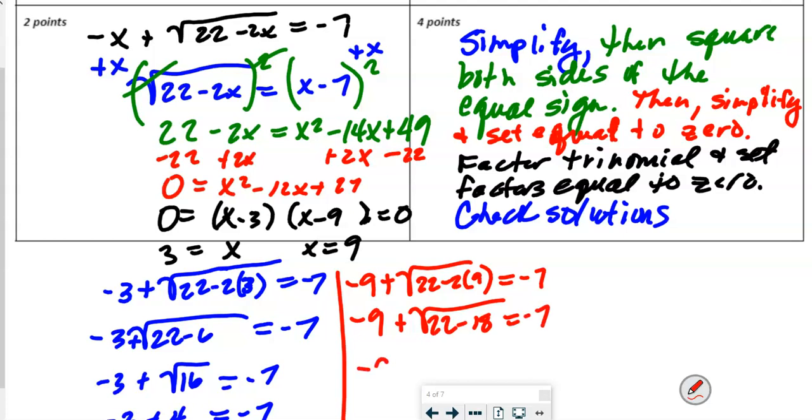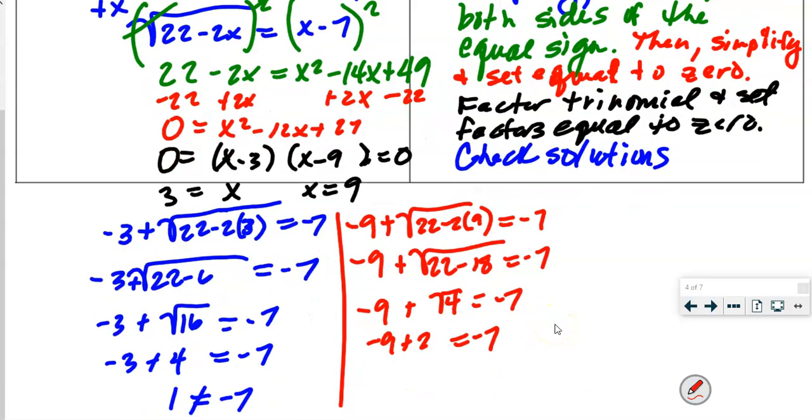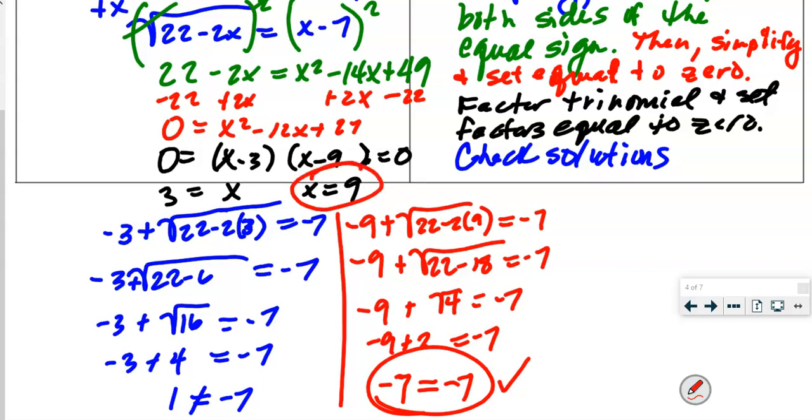So this is going to be negative 9 plus the square root of 4. That equals negative 7. So that's negative 9 plus 2 equals negative 7. And yes, it does, because negative 9 plus 2 is negative 7, right? So negative 7 does equal negative 7. So that's key there because that checked out. So that means our one and only solution is our x equals 9.